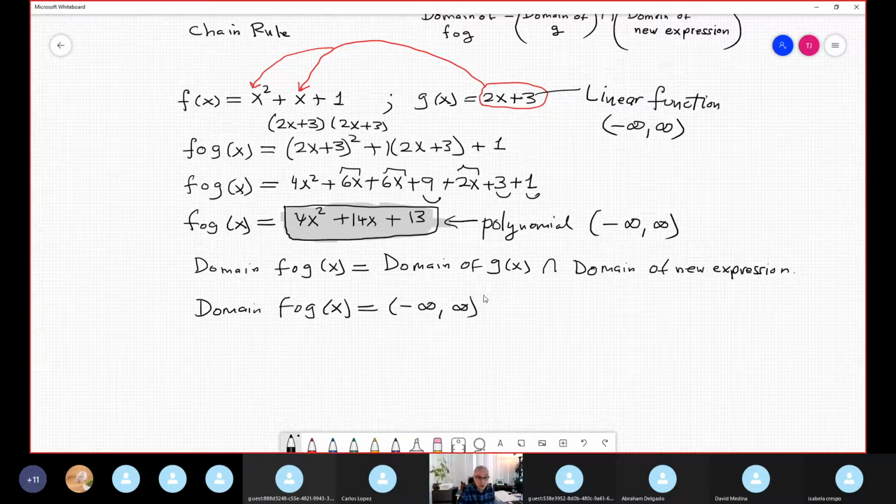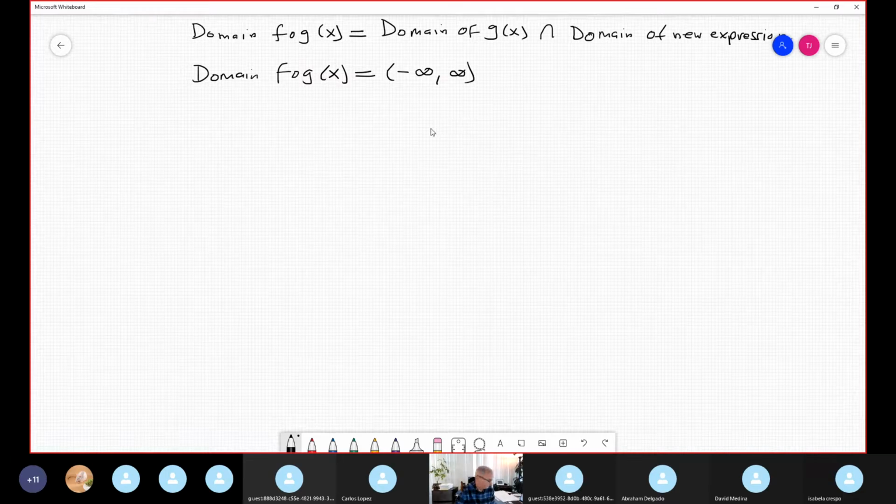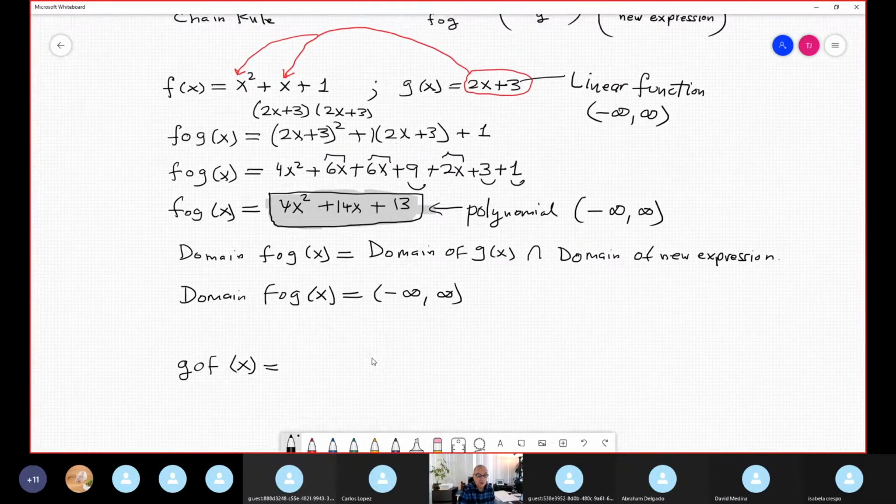So let's try the same example, the same functions. Let's try to do it in different order. And you see it's not equal. Suppose now I need to compute G composition F. Okay, again, we come back to the beginning. Look here.